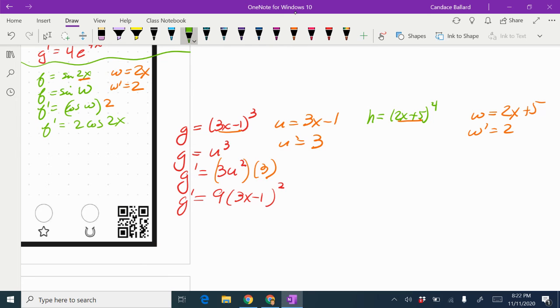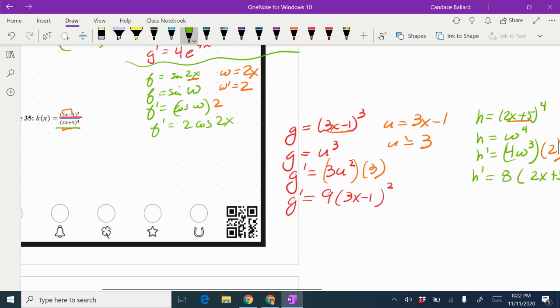We're going to replace my inside with w to the 4th. I'm going to take the derivative of my outside function, 4w to the 3rd. I'm going to multiply it by the derivative of the inside, which is 2. We're going to do a little bit of cleanup and replacement on that. So it's looking like 8, and then instead of w, we're going to write (2x plus 5) cubed.